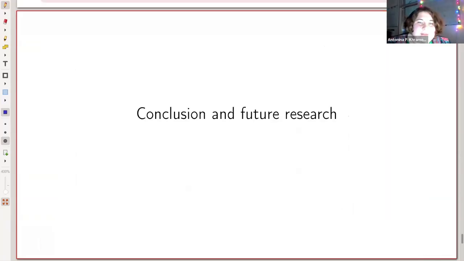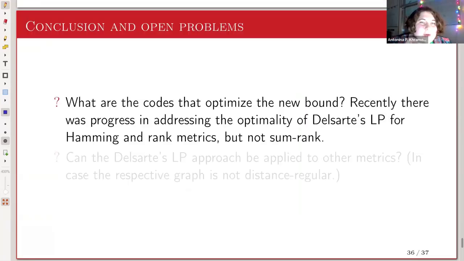Yeah, and for conclusion, I have some open questions here. So one natural open question for whenever we introduce a new bound in a code is constructing the codes that achieve this bound, similar to Reed-Solomon codes for the Singleton bound in Hamming metric.